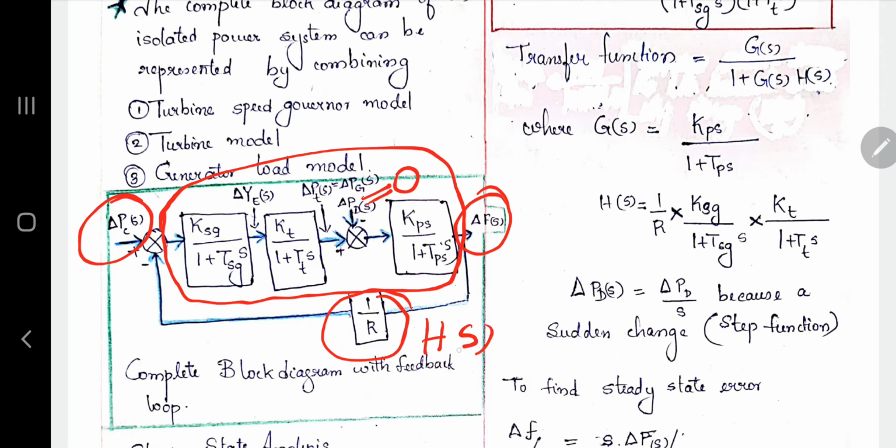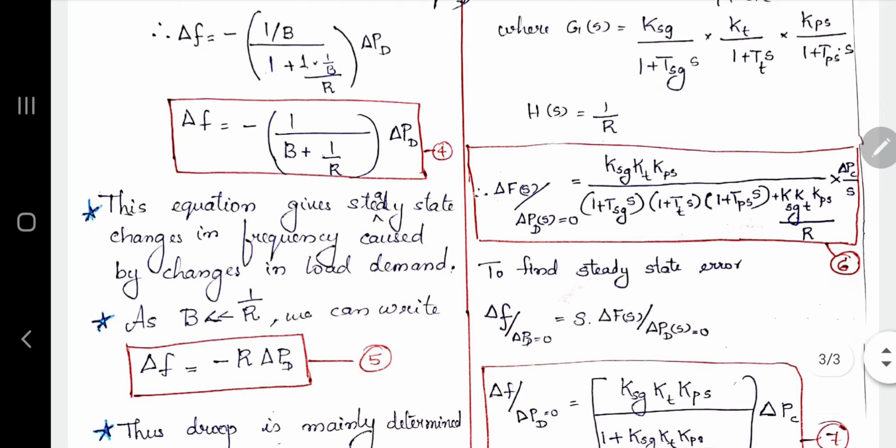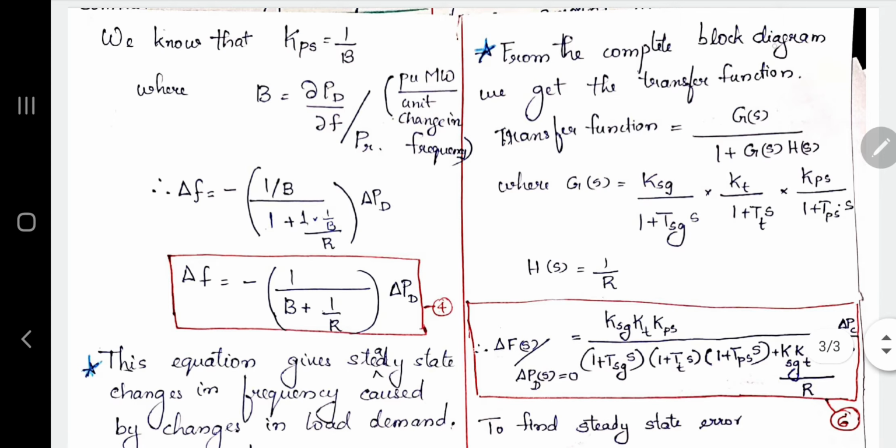So this one is G of S now, and this one is H of S. The transfer function becomes: this is the gain, this one is H of S, and the input is delta PC divided by S. So delta F of S divided by delta PC of S by S is equal to this much. Just substitute and find out. The equation will be like this, from which you can write delta F of S is equal to this much, as equation 6.